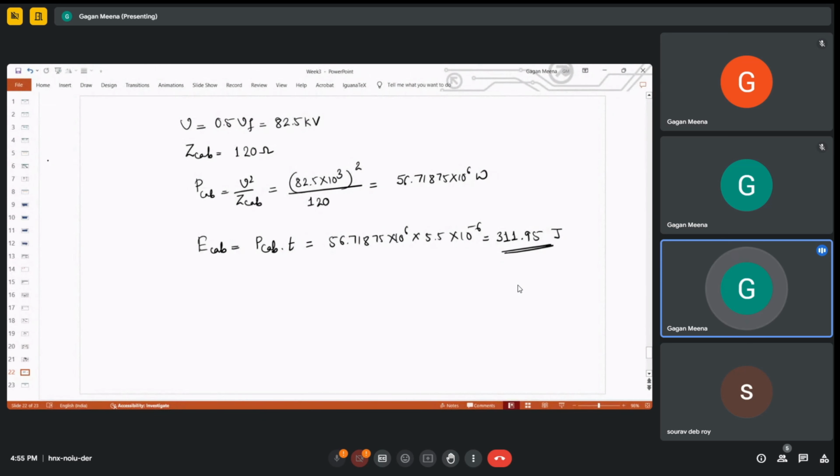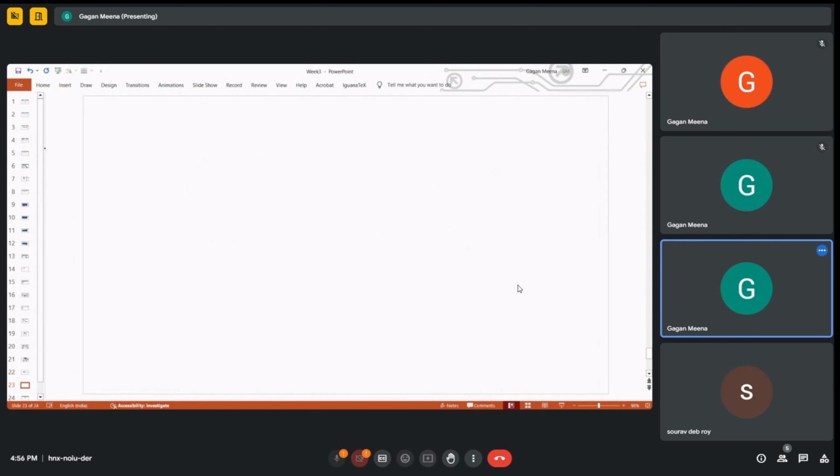So let us do one more problem, then we will wind up. So next problem is this. We'll take the same problem which is given in the lecture notes also.